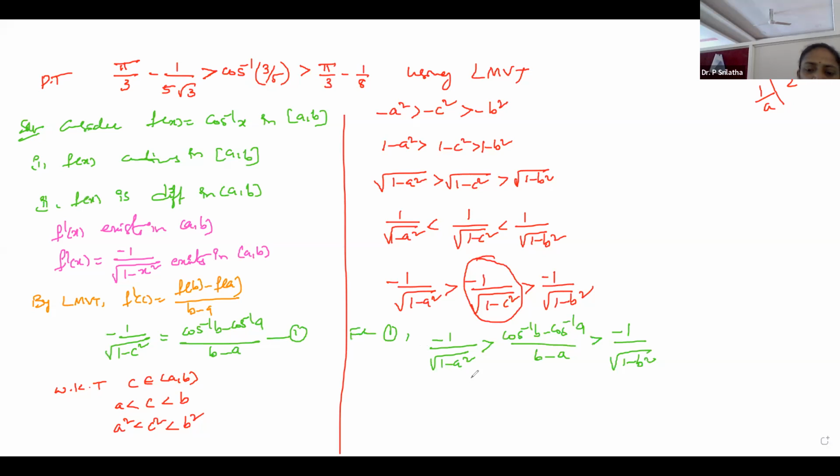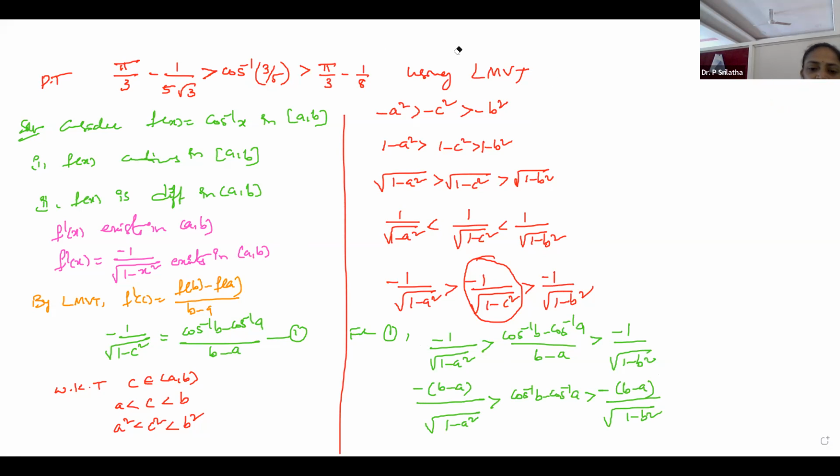Now multiply with b minus a on both sides. Minus of b minus a divided by under root of 1 minus a square is greater than cos inverse b minus cos inverse a is greater than minus of b minus a divided by under root of 1 minus b square.